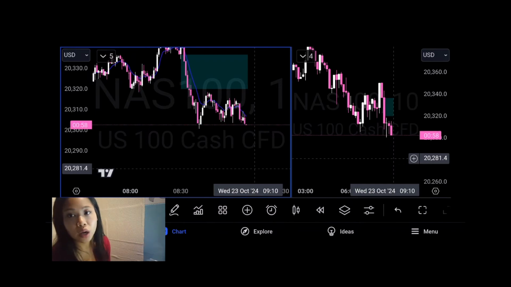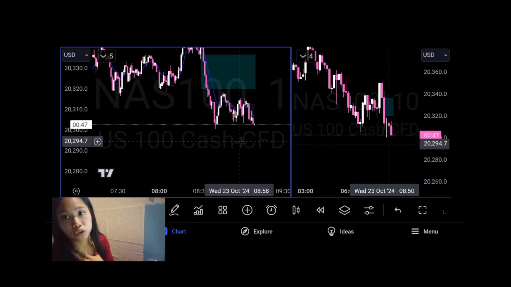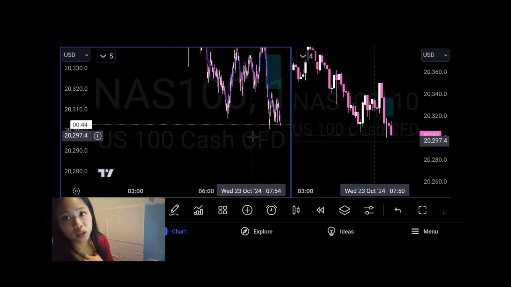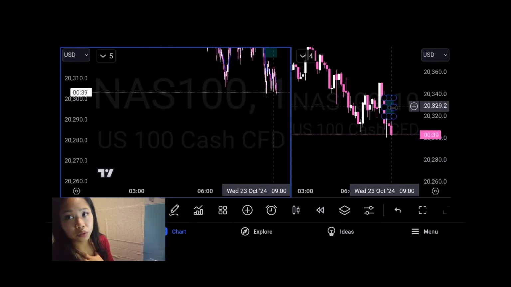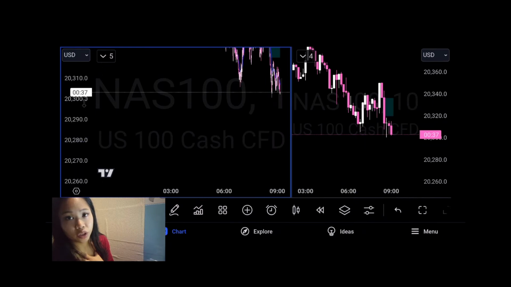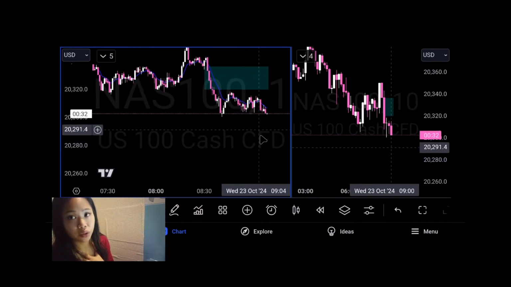I'm willing to lose out on this trade, and I'm preparing for the trade to just sell off without me because it hasn't come up to my FVG. So I am going to let this go if it wants to go.